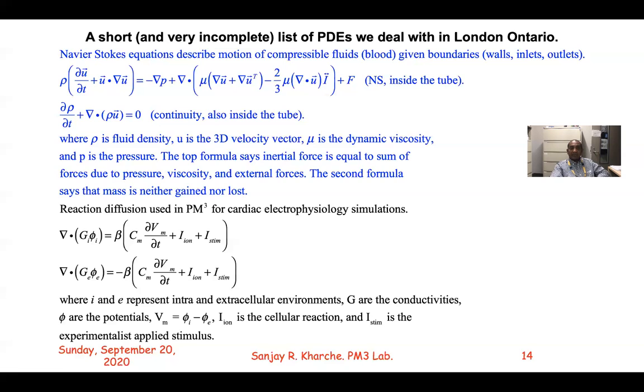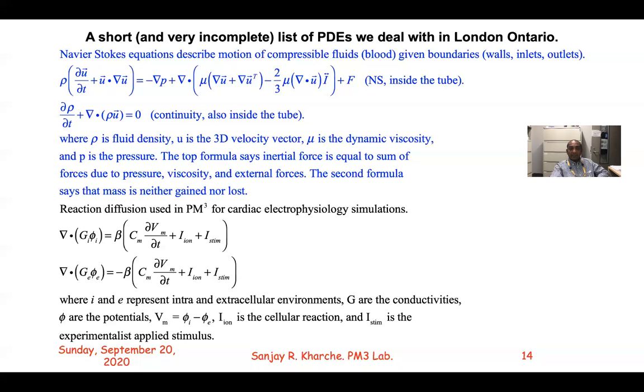So these are the two important partial differential equations that most of you are going to come across in your work. In addition to these two partial differential equations, there is another partial differential equation that describes the movement of blood and drugs through porous organs such as the liver and the kidneys.